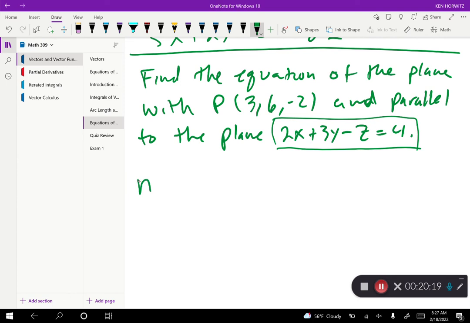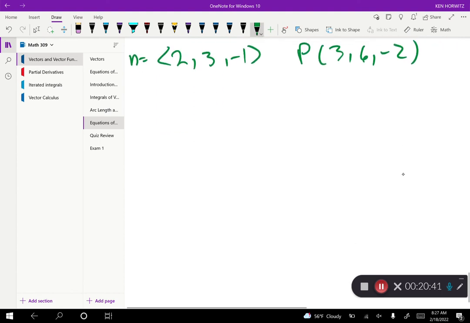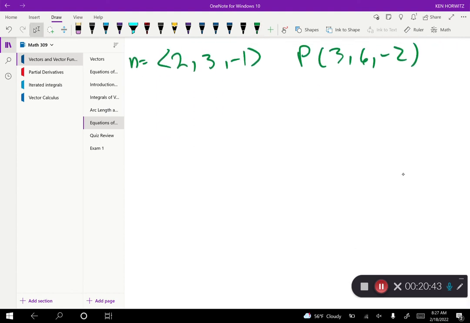So my normal vector is going to come right off the plane that I was given: 2, 3, negative 1. And I have my point, 3, 6, negative 2. Now I'm going to put it right into my framework.